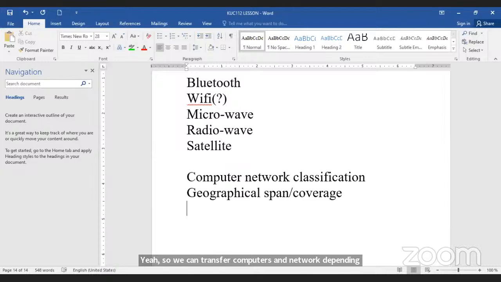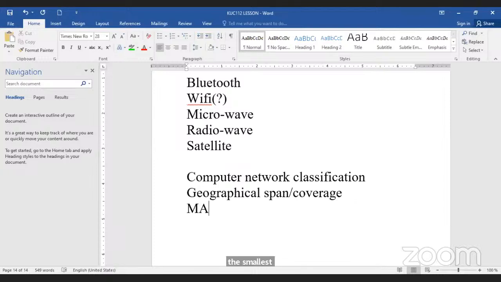By the smallest, we can start with the PAN.